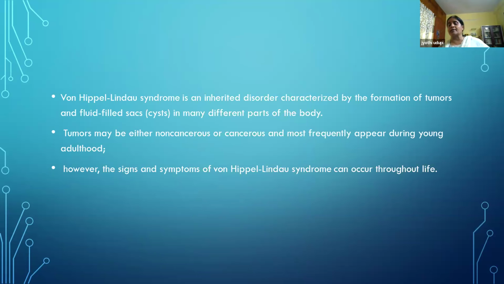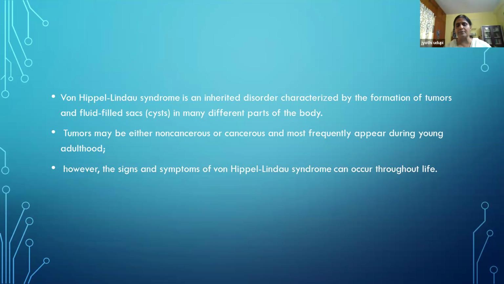Then the doctors there diagnosed this as Von Hippel-Lindau syndrome. It is an inherited disorder characterized by the formation of tumors and fluid-filled sacs, that is cysts, in many different parts of the body. Tumors may be either non-cancerous or cancerous and most frequently appear during young adulthood.